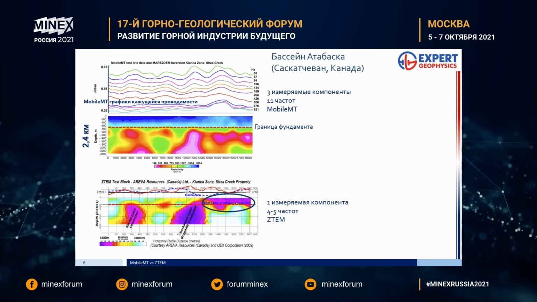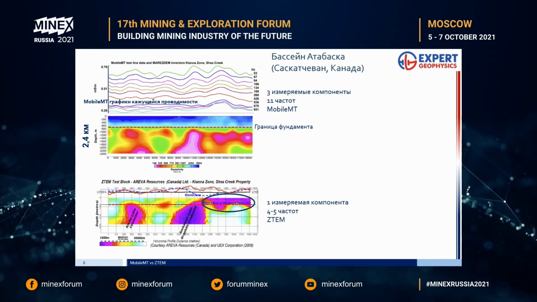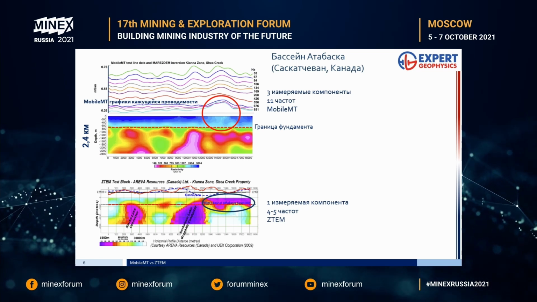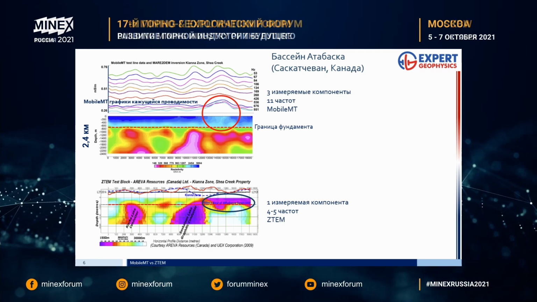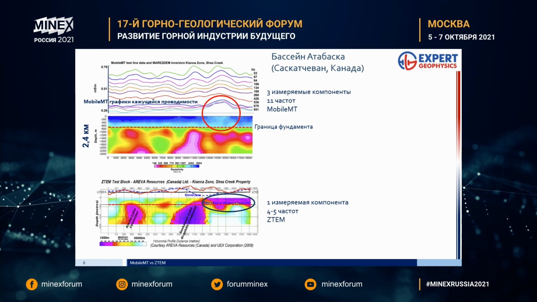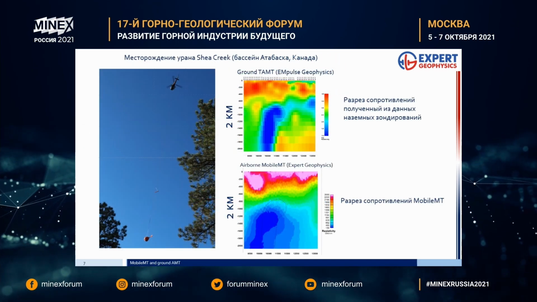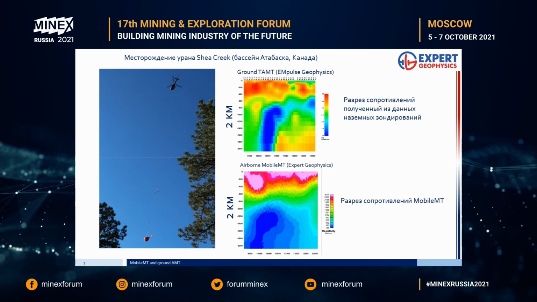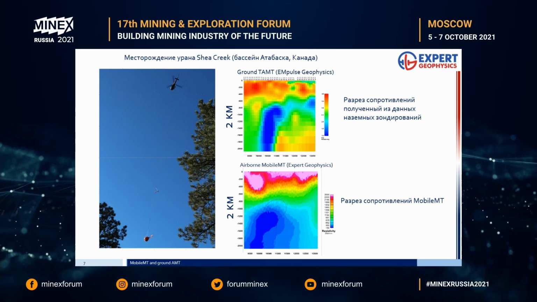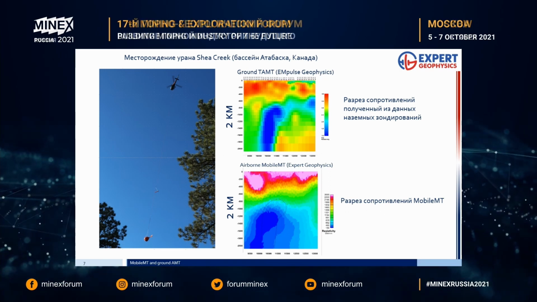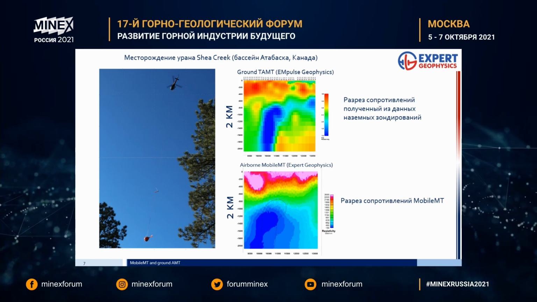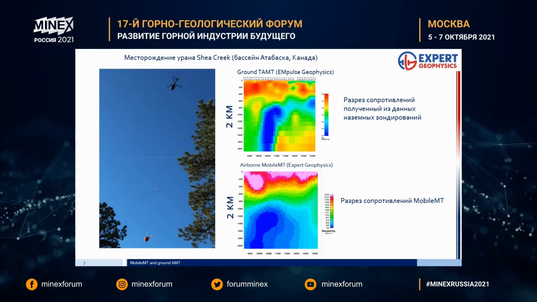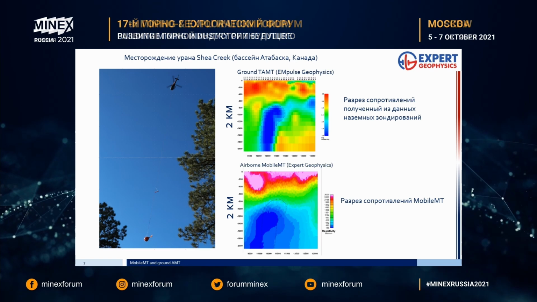And mobile MT data on high frequencies has less contrast to the resistance. This part of the pit demonstrated on the previous slide matches the on-ground sensing, and the results are very similar to each other.